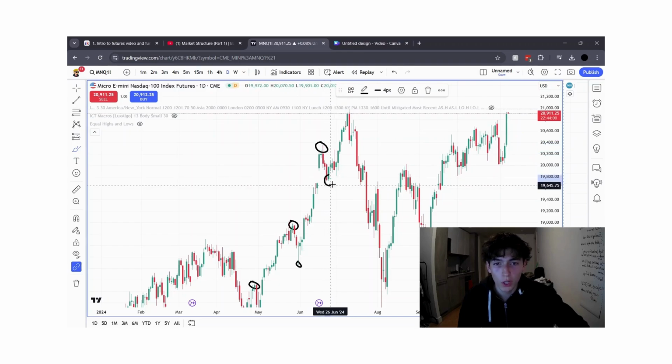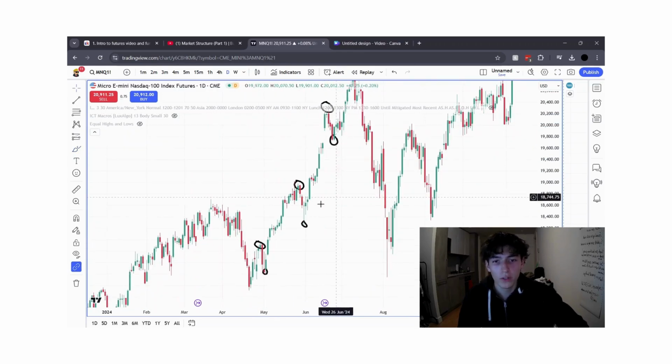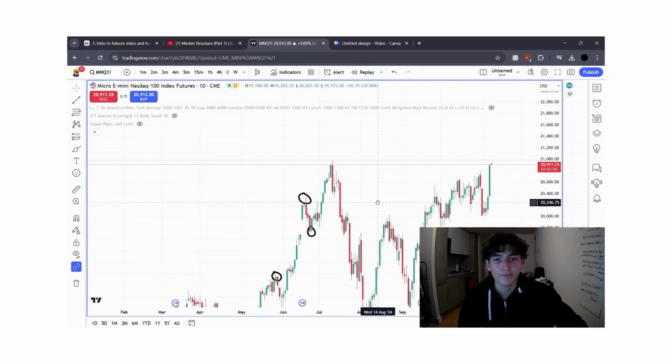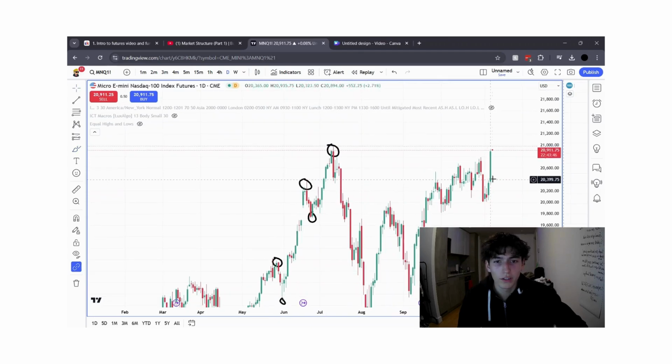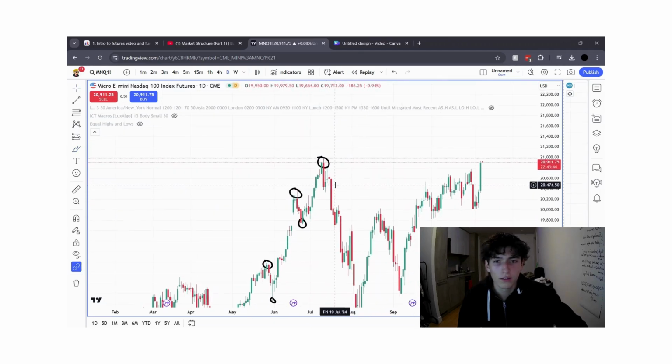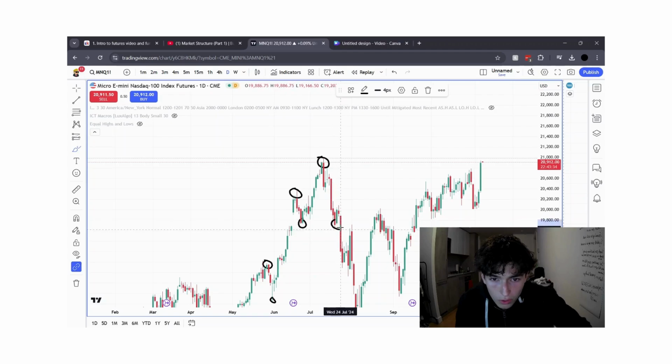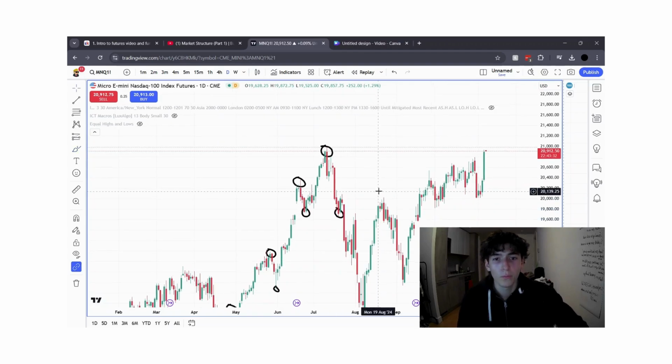And then what does it do here? Lower high. Now, what is this called? This is bullish trend. And then here, it makes a higher high. But what does it do here? Look, as you can see, goes down, down, down, and it makes a lower low, right?